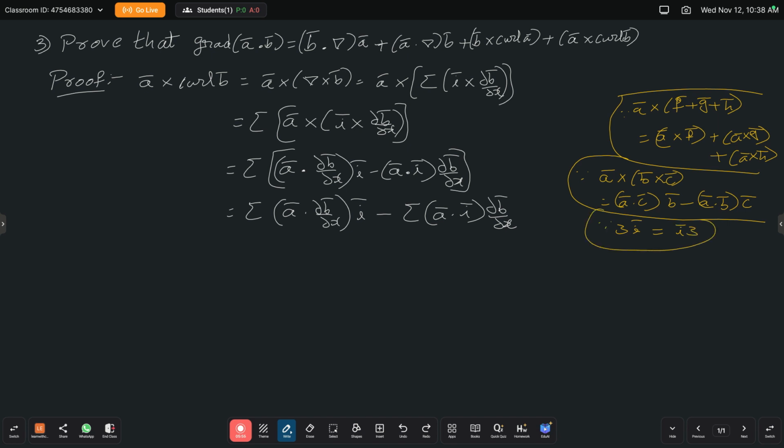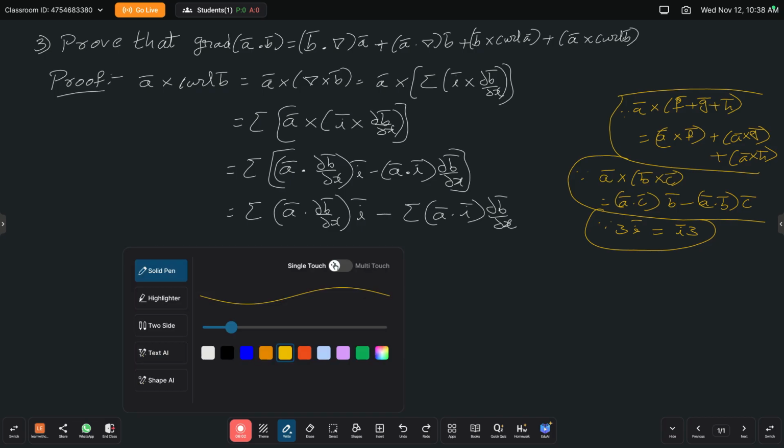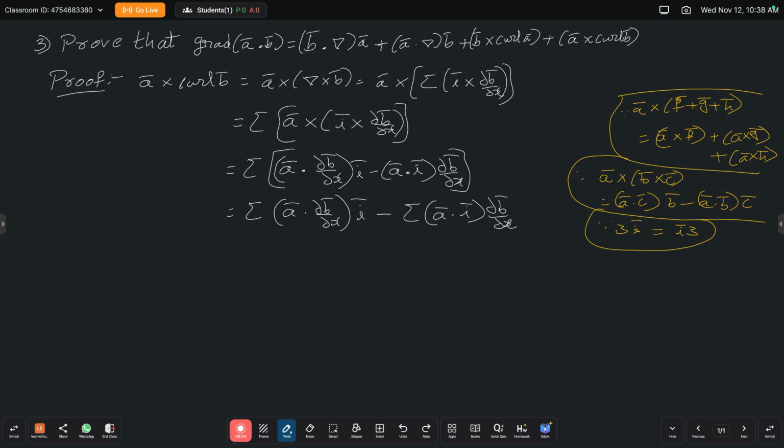So a vector and a scalar can be multiplied in pre or post manner, in any manner. So I am writing the first term as summation I bar into a bar dot dou b bar by dou x. This is the first term, and the second term will be as it is.